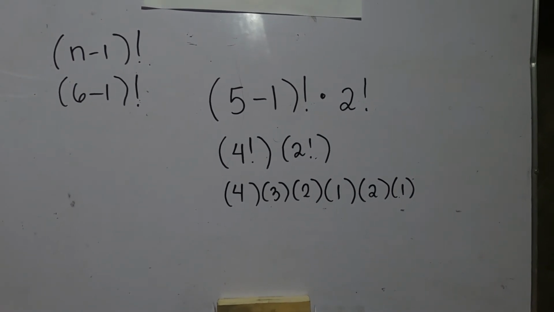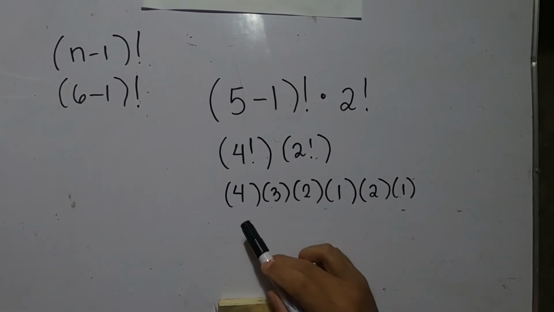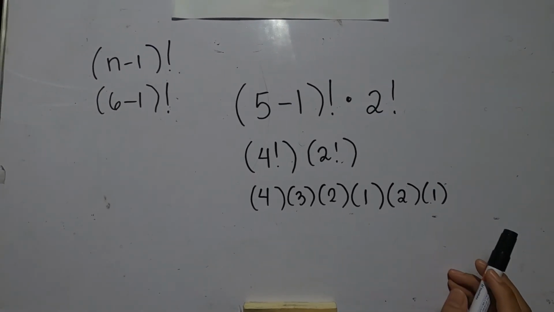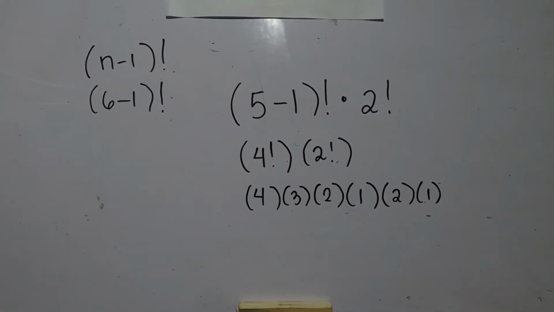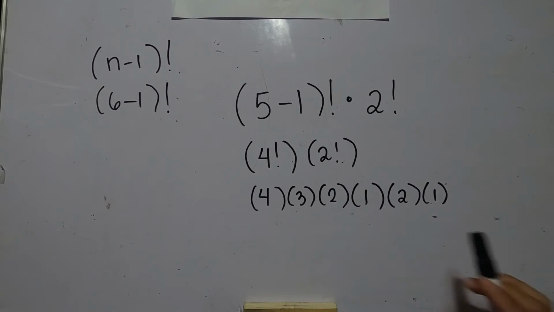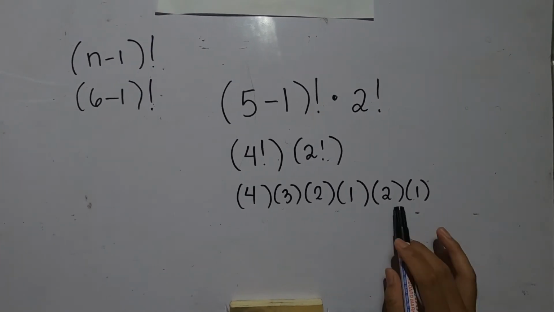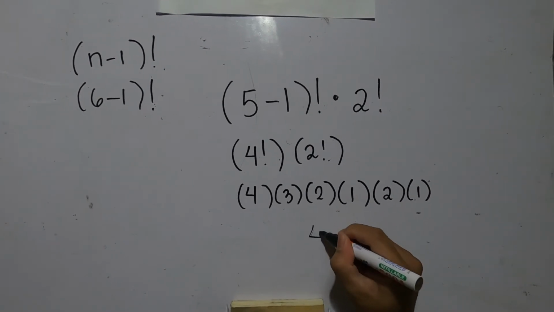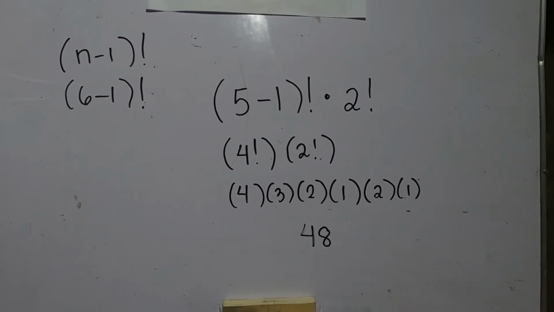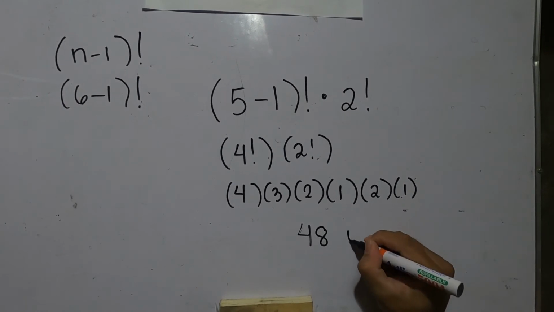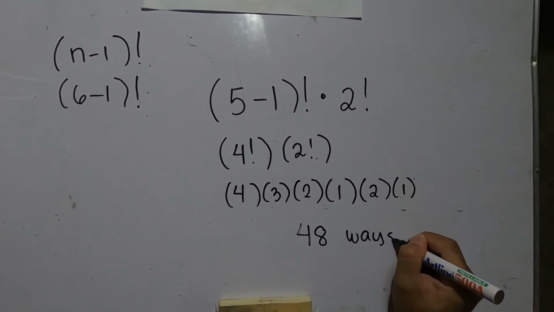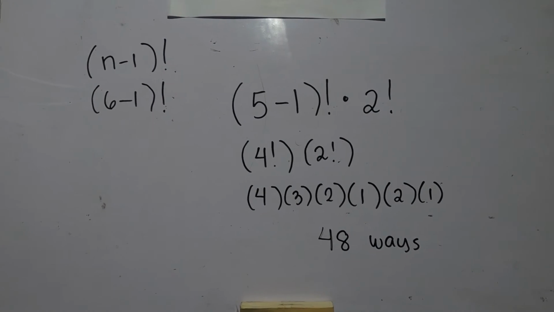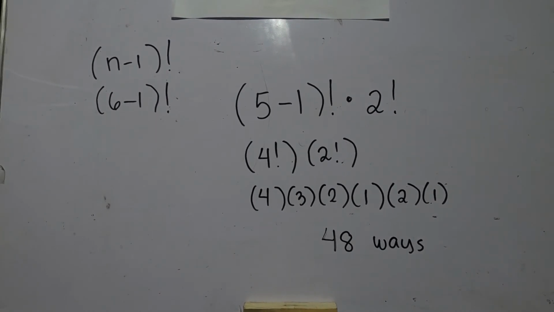By multiplying all the factors, 4 times 3 is equal to 12, times 2 is 24, times 1 is 24, times 2 is 48, times 1 is 48. Therefore, there are 48 ways for 6 persons to be arranged around circular table wherein 2 of them are seated beside each other.